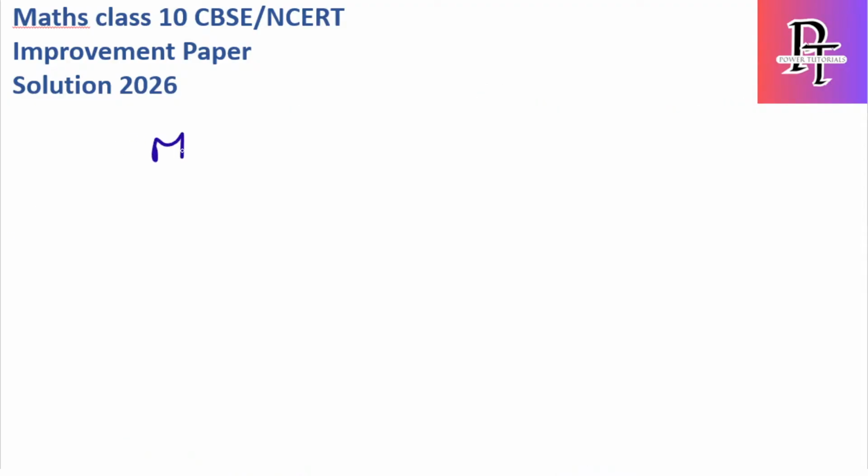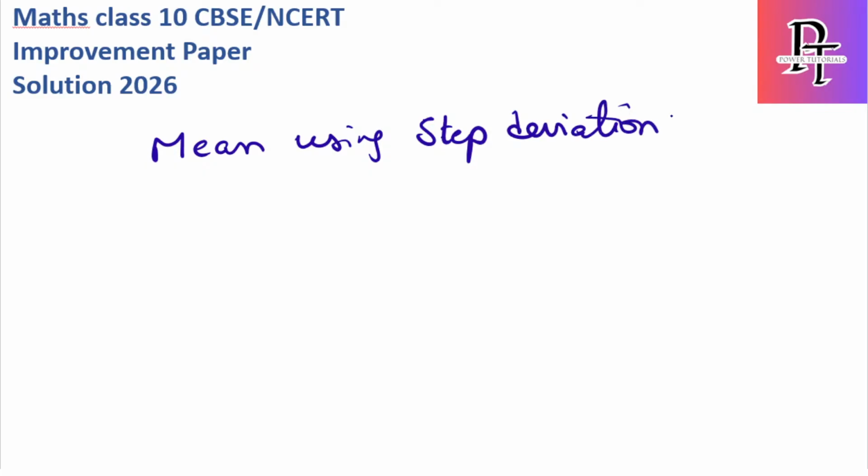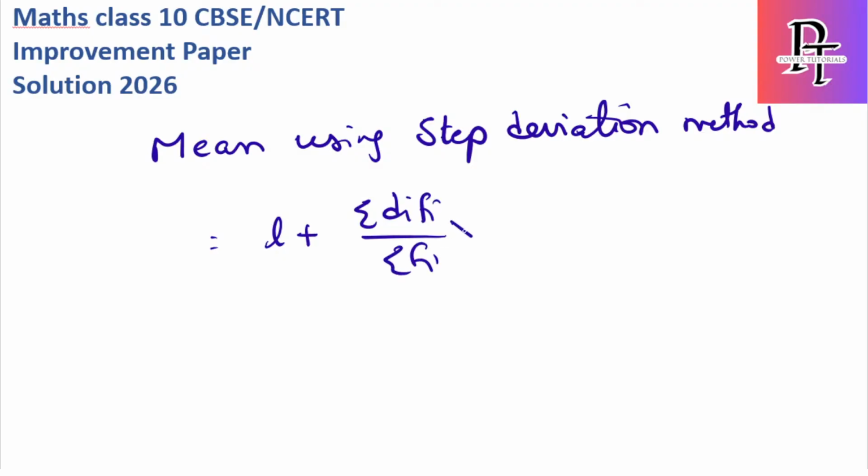So for mean, what is the formula? I will use the step deviation method. We have to mention the formula as well, because the formula carries at least 1 mark in this type of question. So the formula for the step deviation method for mean is A plus sigma di fi by sigma fi into h.